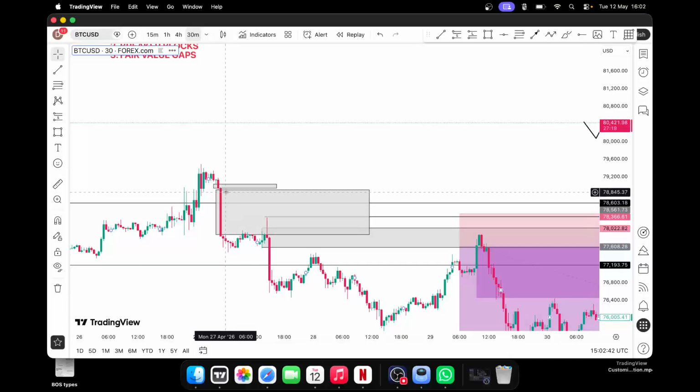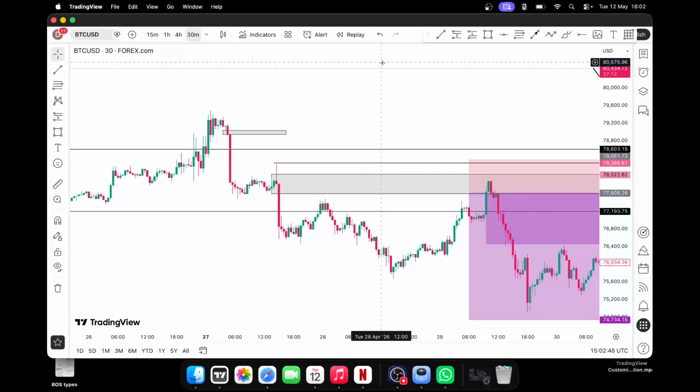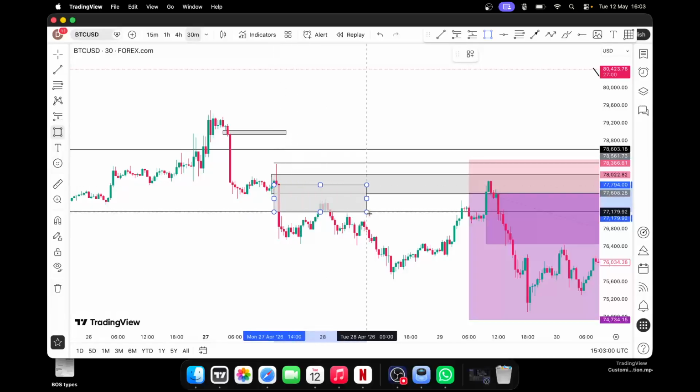Now for this other block that I traded, you see that there was a preceding fair value gap. If I consider this one as candle 1, candle 2, candle 3, you can see that between them, if I consider the second candle, there is a large gap there.